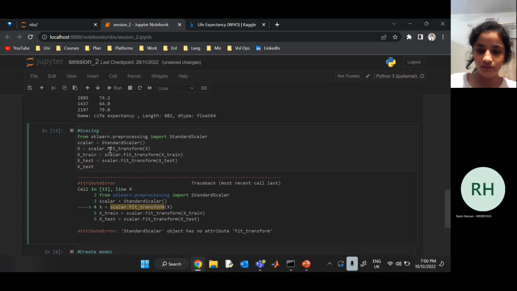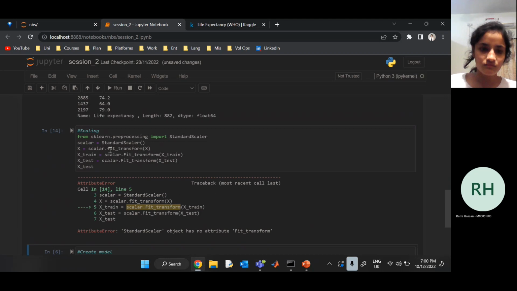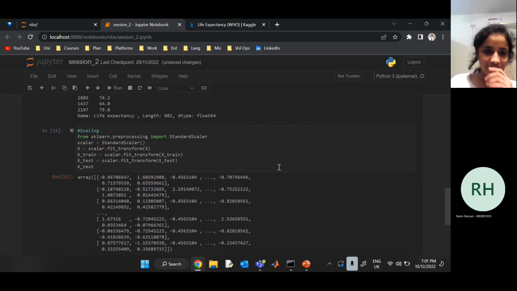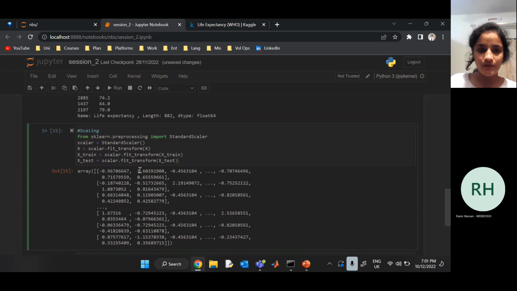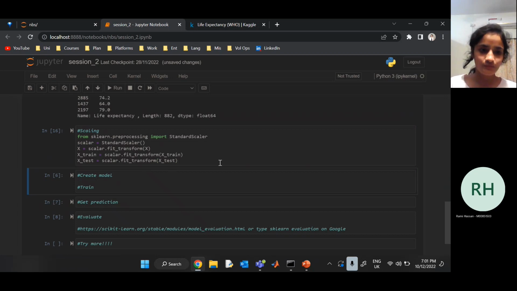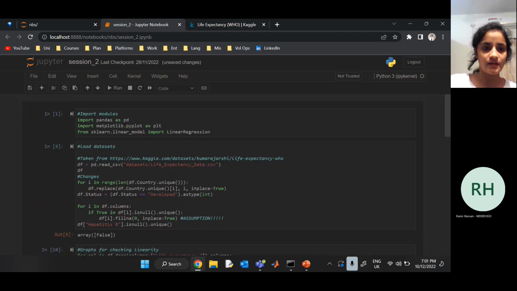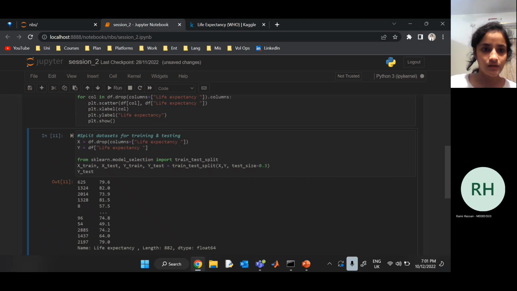Oh, capital. That's a typo, I'm sorry. Okay, so as you can see now, it's all 0 point something. Yeah, it's scaled. Okay, so let me just run everything again in case I ran some particular cells improperly.